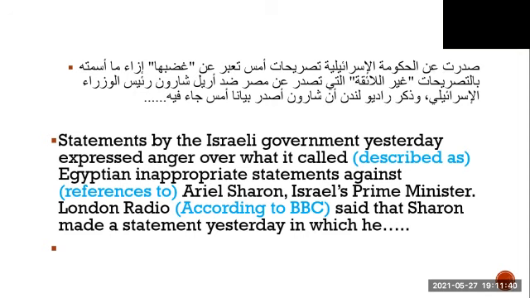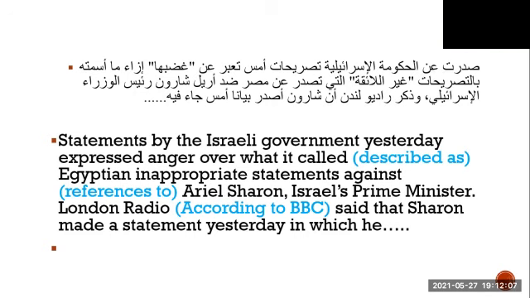So what you see in blue could be alternatives: over what it called or over what it described as Egyptian inappropriate statements, Egyptian inappropriate references to Ariel Sharon.